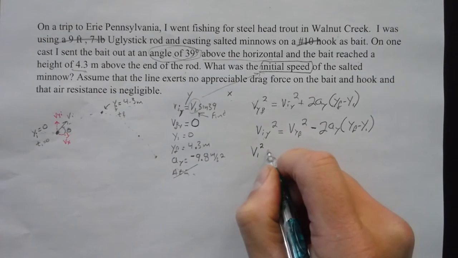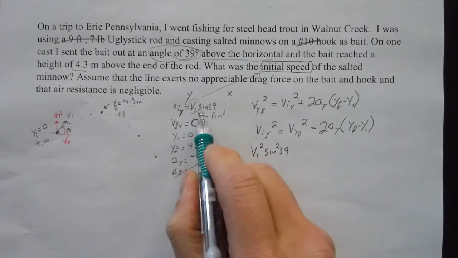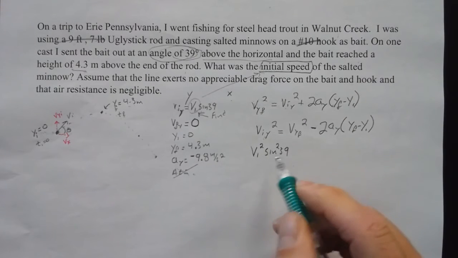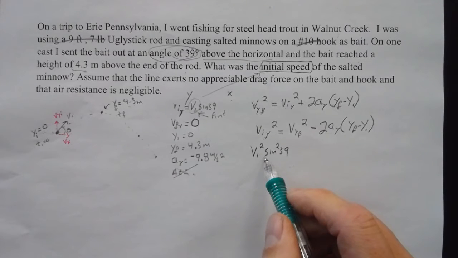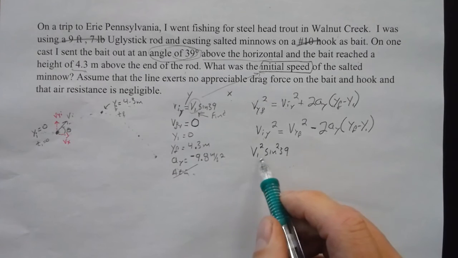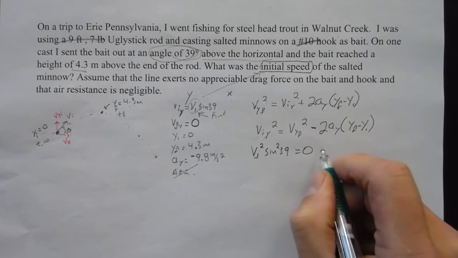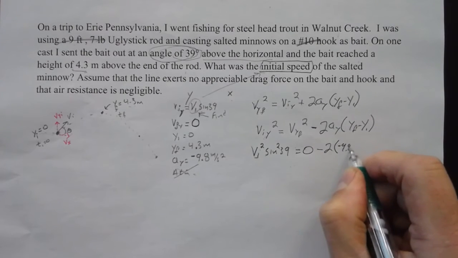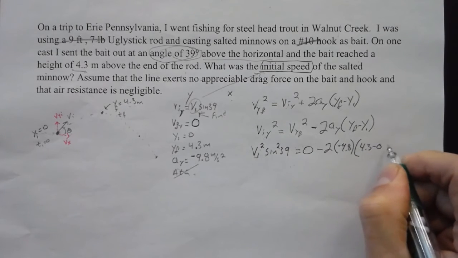V initial squared sine squared of 39. So I squared that whole thing. I kind of took a shortcut, or I did two pieces of work. I subbed it in and I distributed the square. And remember, I'm looking for this V initial. That is the speed. And the final is 0 minus 2 times negative 9.8 times 4.3 minus 0.